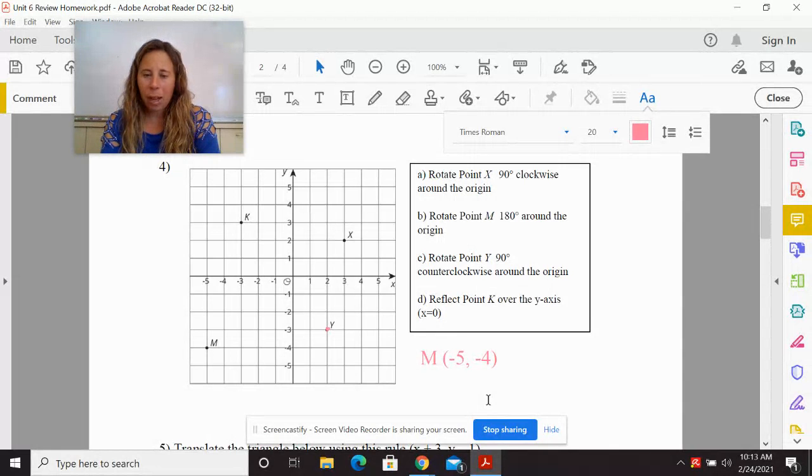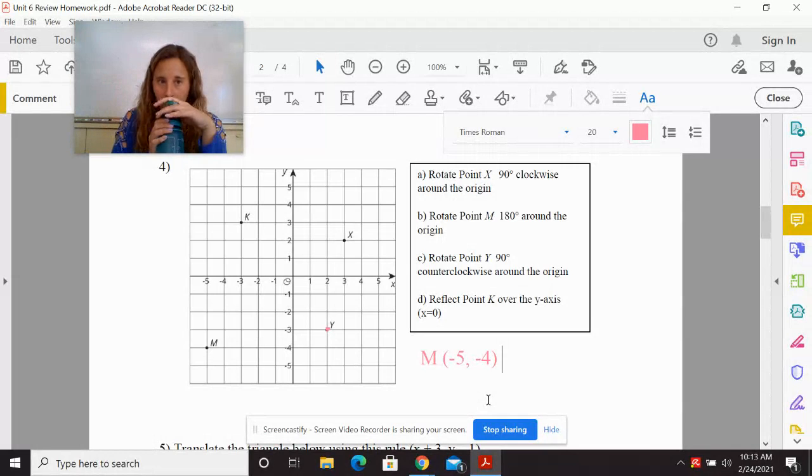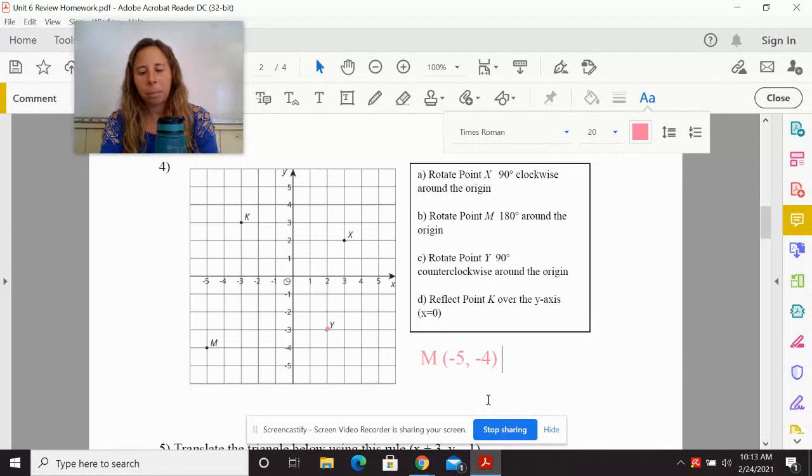So if we're going 180 degrees, what's the rule for rotating 180 degrees around the origin? You make them the opposite. So this becomes positive 5 and positive 4. Negative 5 becomes positive 5, negative 4 becomes positive 4.